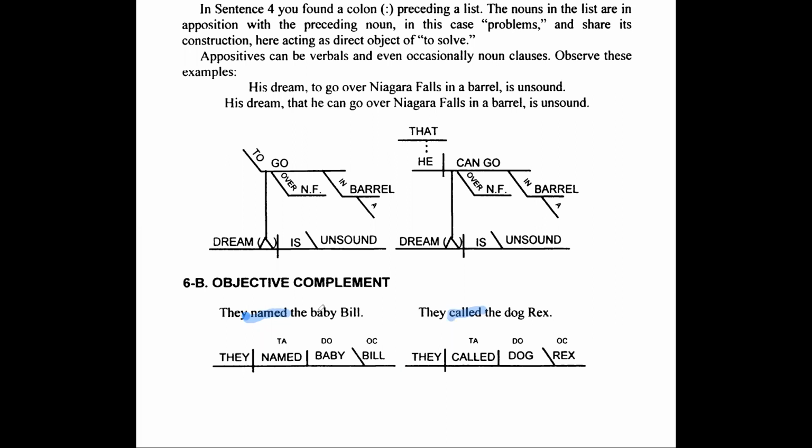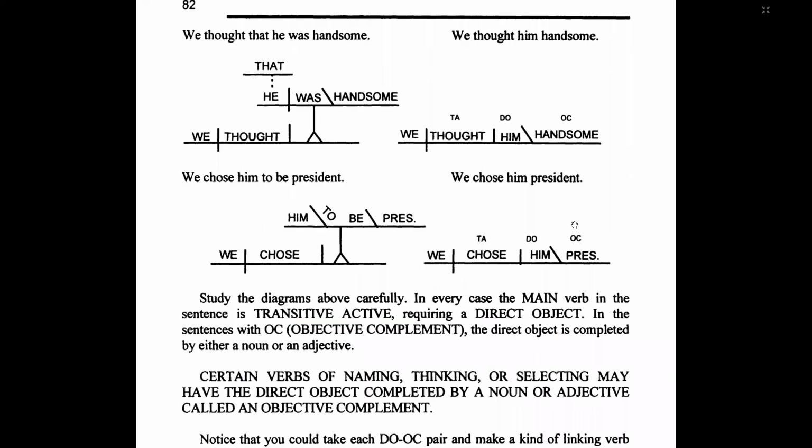They named the baby. They called the dog. Here's the other thing. What did they call them? Bill, Rex. And this is called the objective complement. It is kind of completing the meaning, and it's for these specific verbs. Okay, so let's go to her explanation and some more examples that she has.